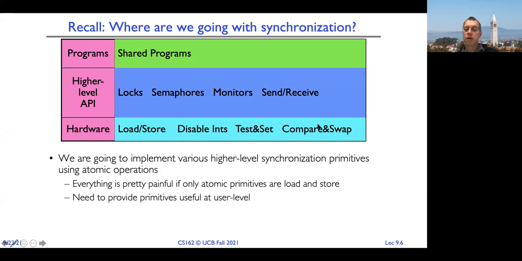We saw how you can use them to implement locks, and we also discussed the semaphore abstraction. Later we are going to talk about monitors. The higher the level of abstraction, the easier it is for applications to implement mutual exclusion and critical sections.